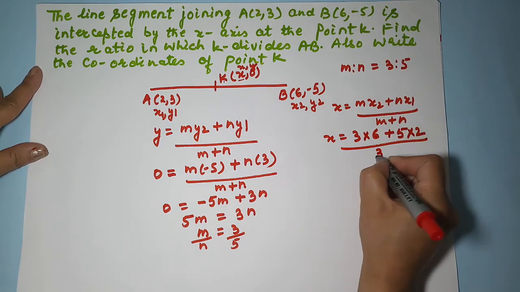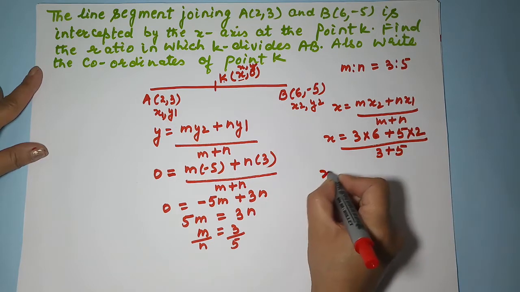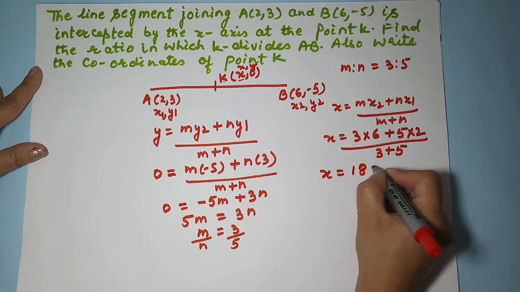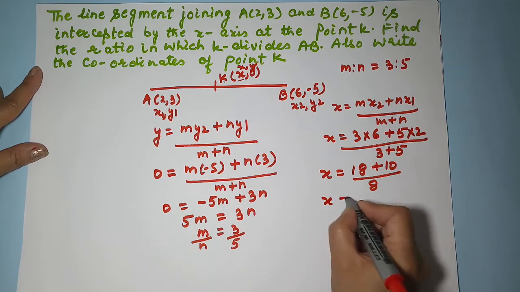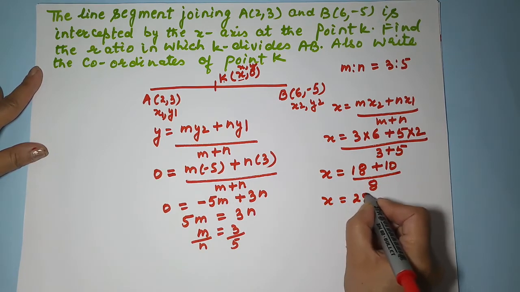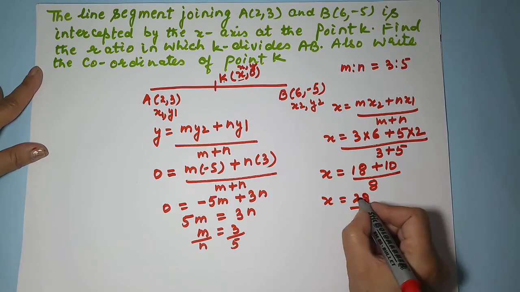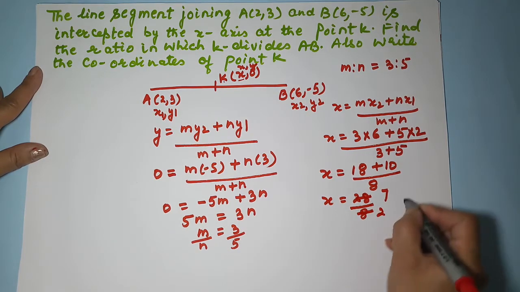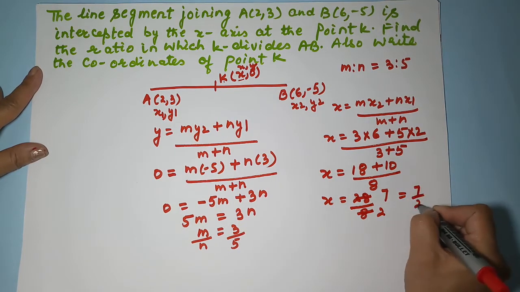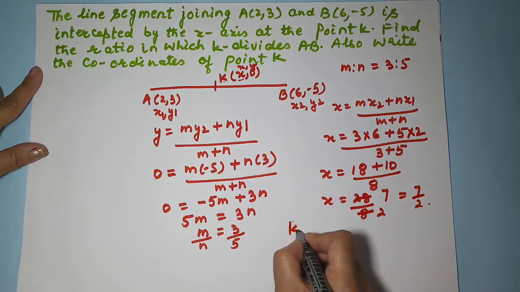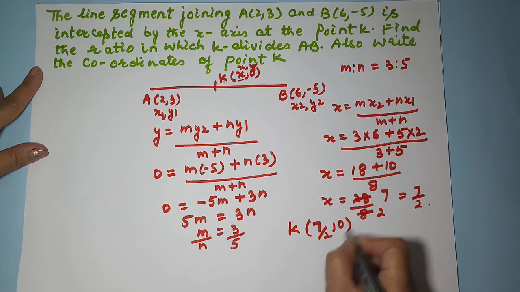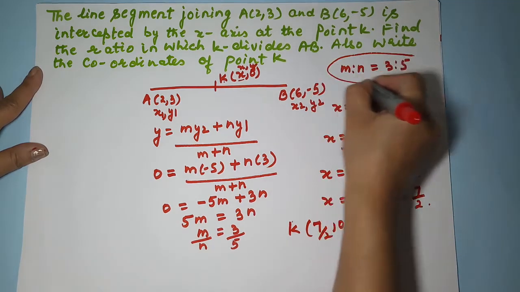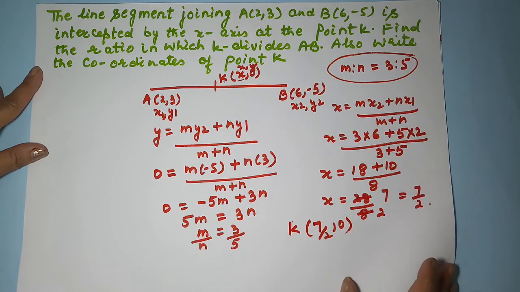How much is that? 3 plus 5. So x is equal to (18 + 10) divided by 8. So my x is equal to 28 by 8. So 4 7s are 28, 4 2s are 8. So my x is 7 by 2. So what are the coordinates of K now? It is (7/2, 0). And what is the ratio? m is to n, 3 is to 5.